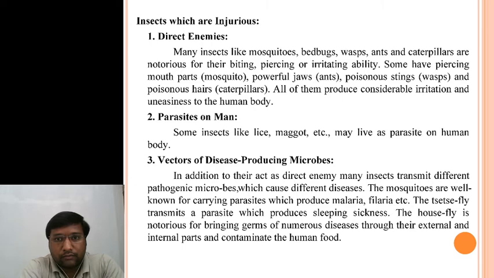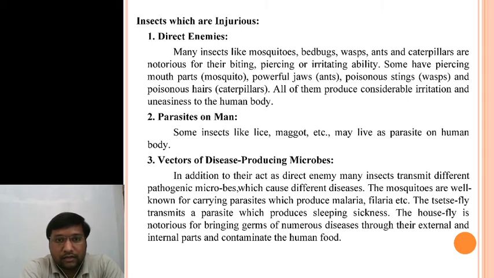We know that mosquitoes suck blood, some wasps have poisonous stings, and some caterpillars have poisonous hairs which produce irritation and uneasiness to the human body. Then parasites on man. Some insects like lice and maggots live as parasites on the human body.